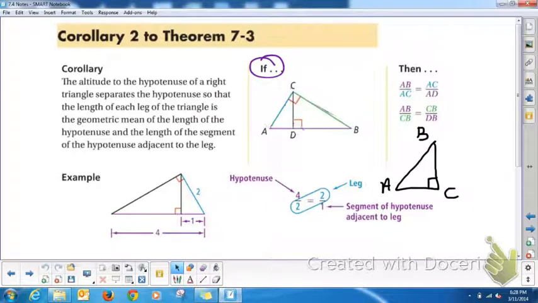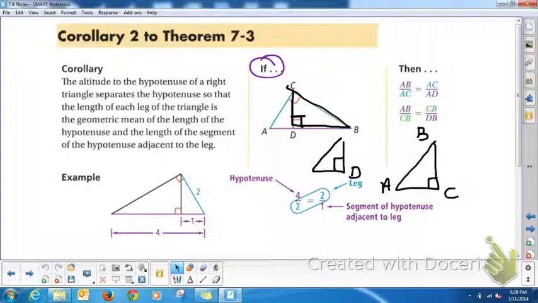And I'm also going to use the medium-sized triangle here. So D is my hypotenuse. My right angle, sorry. And I have my legs here.